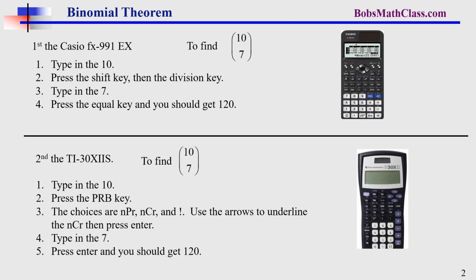So here we have some directions on how to type in 10 choose 7 on the Casio. Type in the 10, then press the shift key, then the division key. If you notice on the division key, right above it in little yellow letters is the letters NCR.